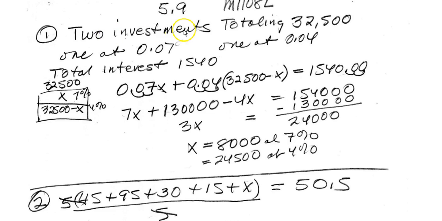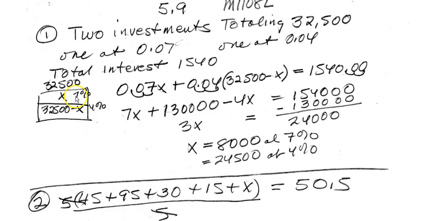So we have two investments for number one totaling $32,500. One was at 7%, one was at 4%. Well, first we have to divide this $32,500 into two parts. So I said part was x, part was 32,500 minus x.